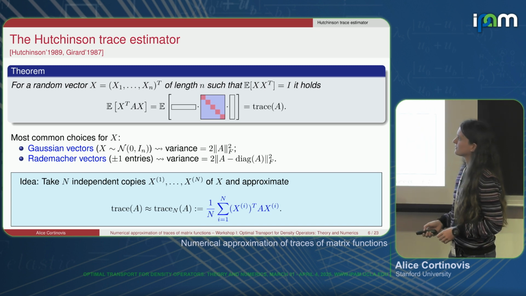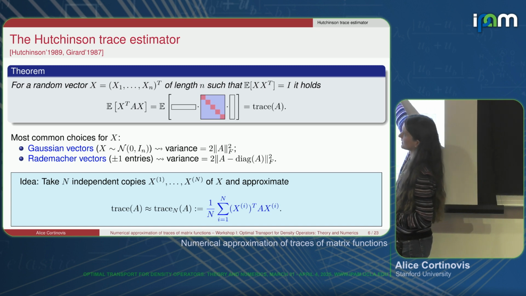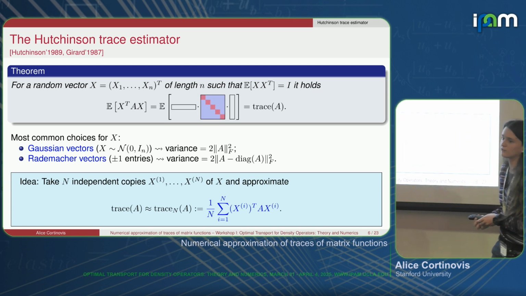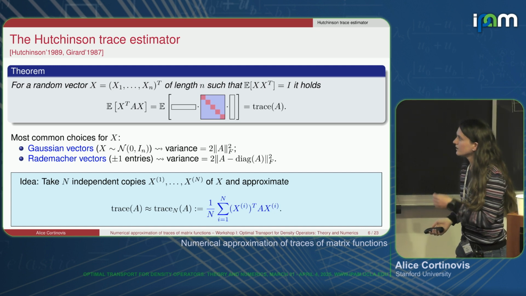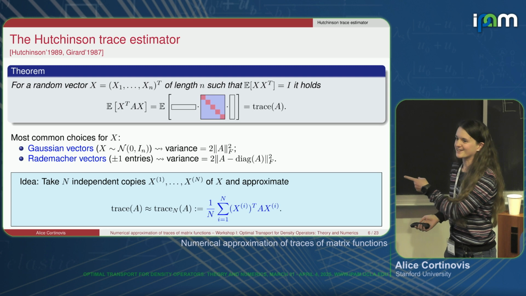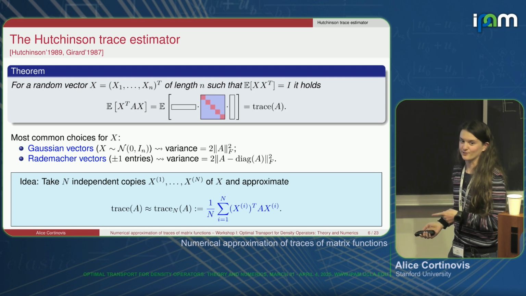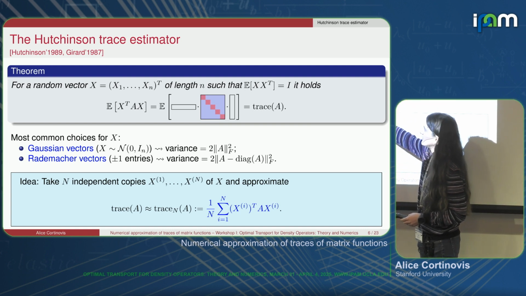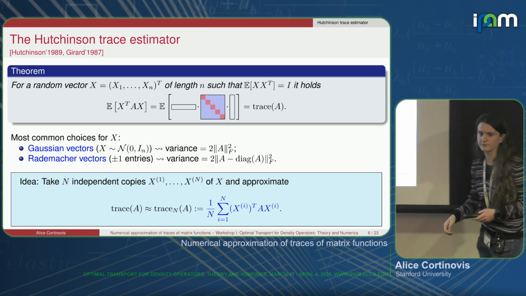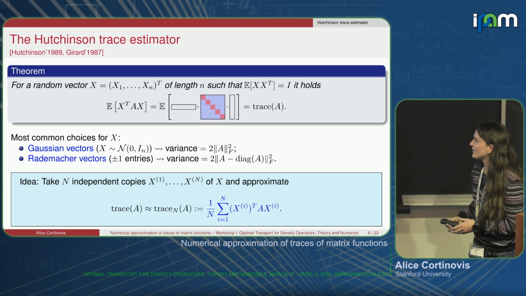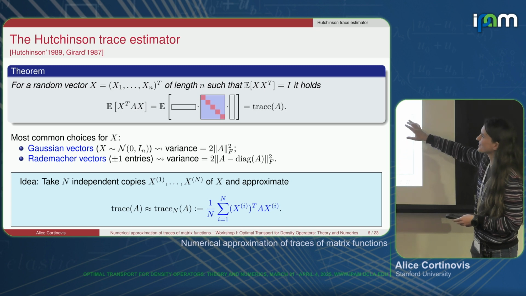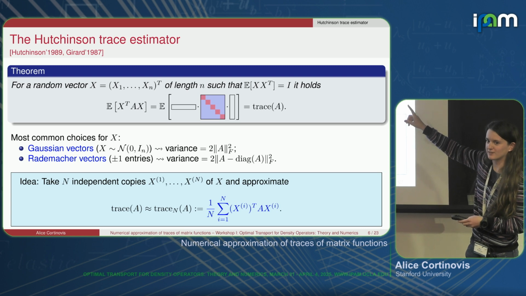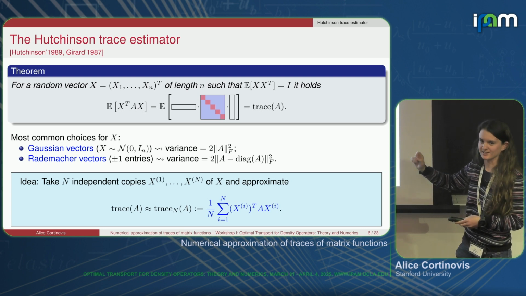In the case of Gaussian random vectors, the estimator with one single sample has a variance of twice the squared Frobenius norm of A. With Rademacher vectors, the nice thing is that the variance is a bit smaller, and it's basically twice the Frobenius norm of the matrix that you obtain by zeroing out the diagonal of A. Equivalently, if you take a diagonal matrix A and one Rademacher random vector, you recover the trace exactly.